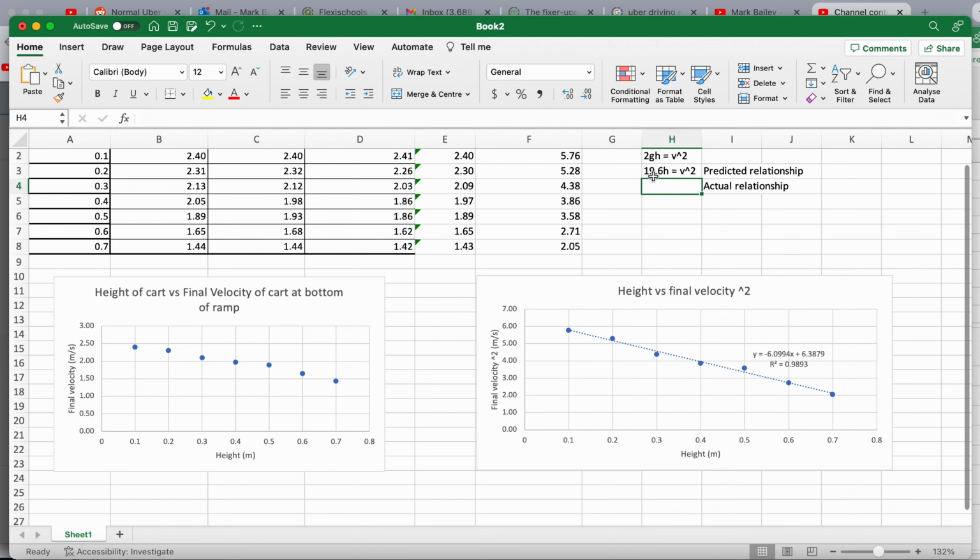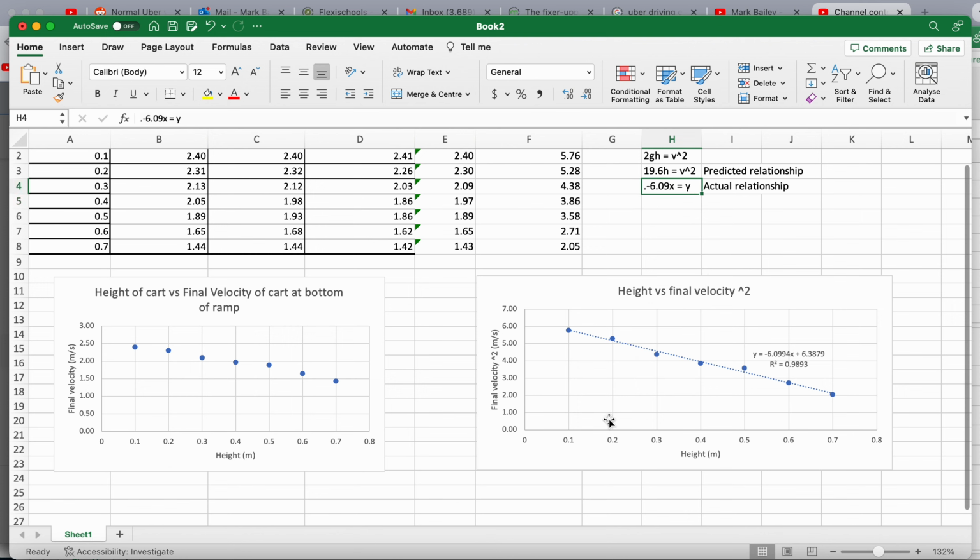So what you can see is that really it's going to be minus 6.09 x equals y. That's your actual relationship.